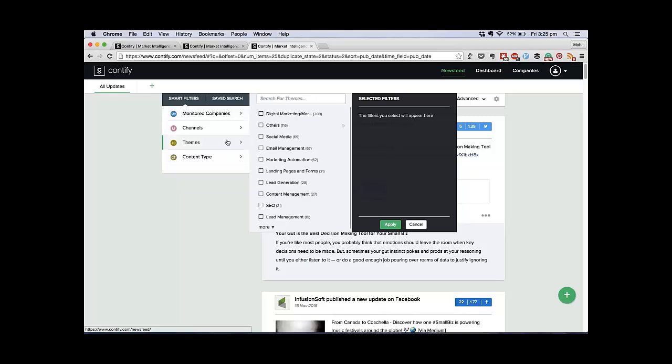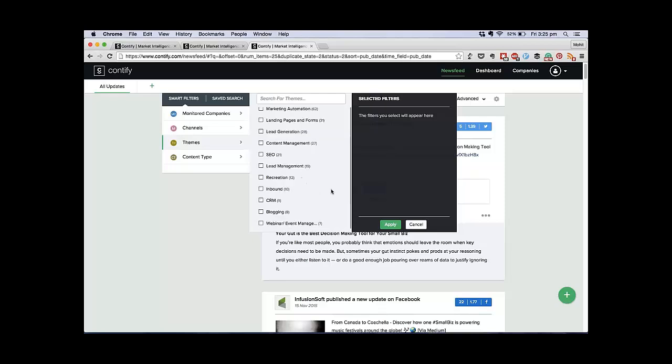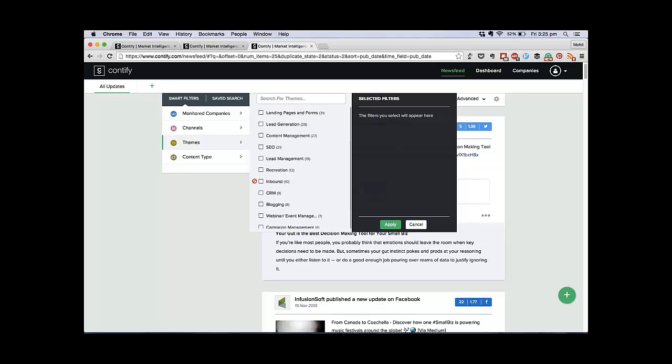Then themes. These are the themes under which the information is classified: digital marketing, social media, email management. This is a taxonomy of how we would like to analyze the information. Then content types: blogs, ebooks, events, videos.